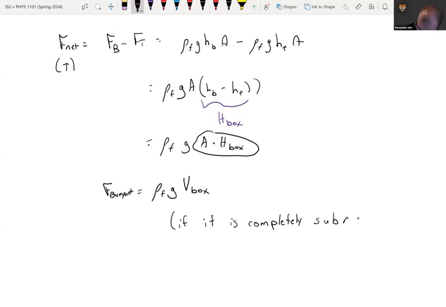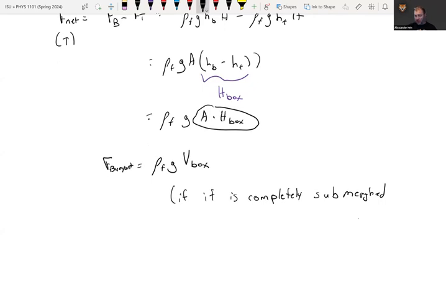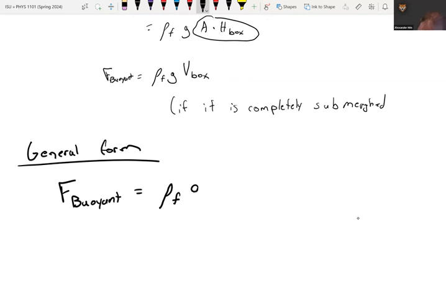Now, if it's not completely submerged, I'm not going to do another derivation. If you want to see that, come to me during one of the lab days when I offer help on this. But in general, the general form of the buoyant force, F buoyant, equals the density of the fluid times G times the volume submerged.